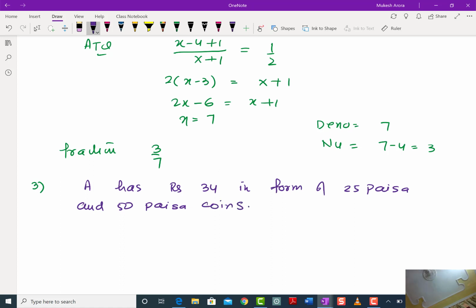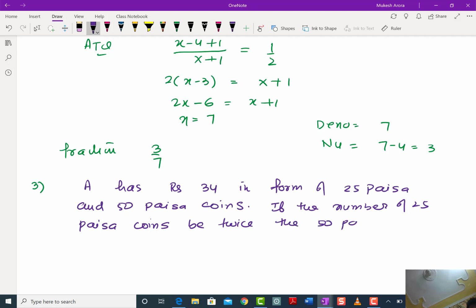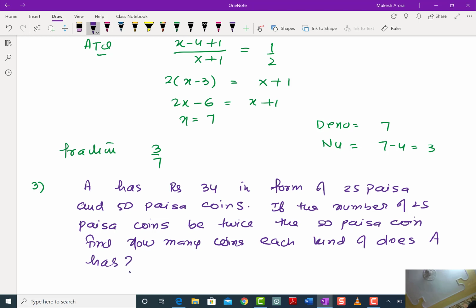If the number of 25 paisa coins is twice the 50 paisa coins, find how many coins of each kind Subhash has. Simple.